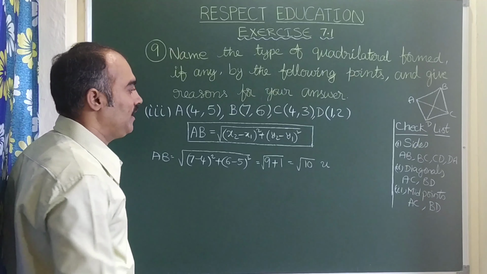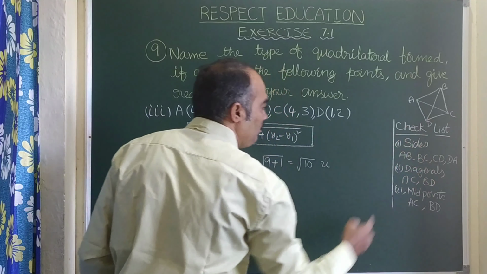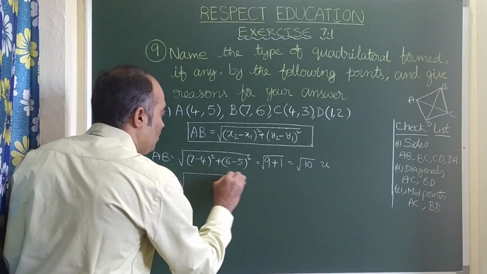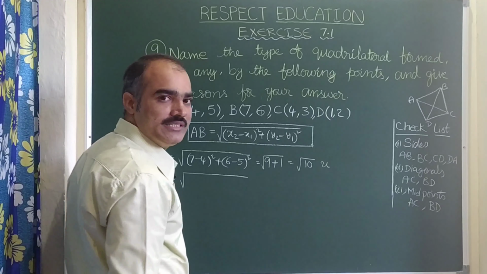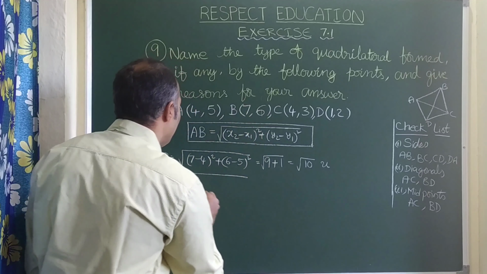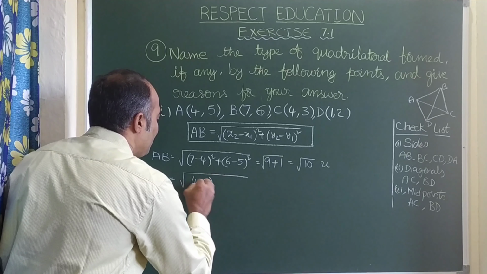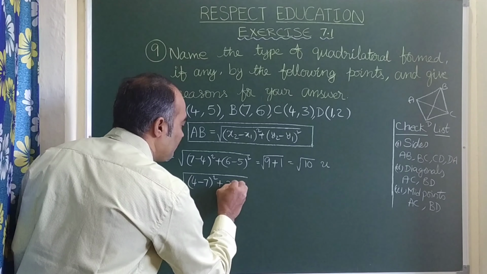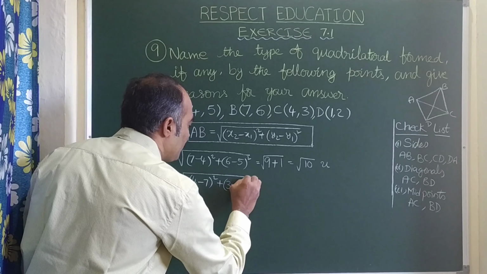AB over. Now we are going to find BC. BC is equal to under root, B (7,6), C (4,3), (4 minus 7) whole square plus (3 minus 6) whole square, right?